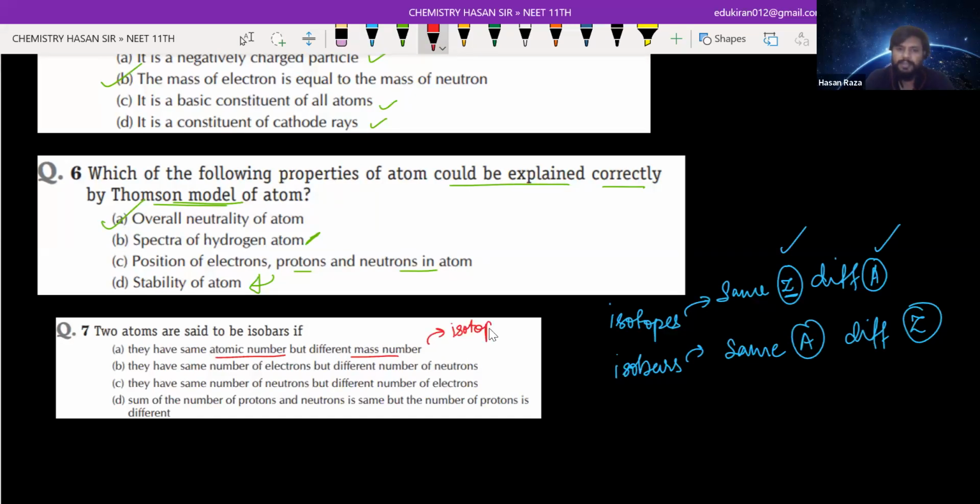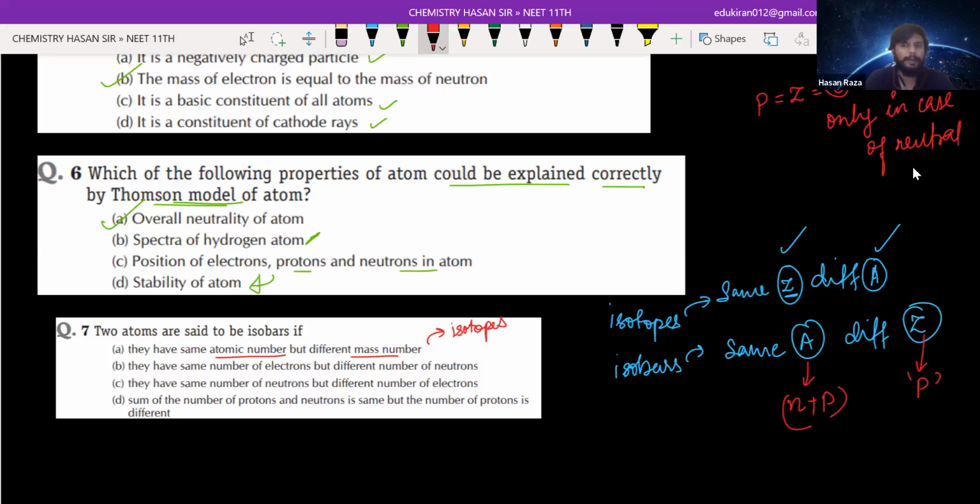And apart from this statement, it is given in terms of proton, neutron, or electron also. So now you can see same mass number, that means number of neutron plus proton, and Z is what? Number of proton. I already told you when we did the first question, the proton will always be equal to atomic number and equal to electron only in case of a neutral atom.